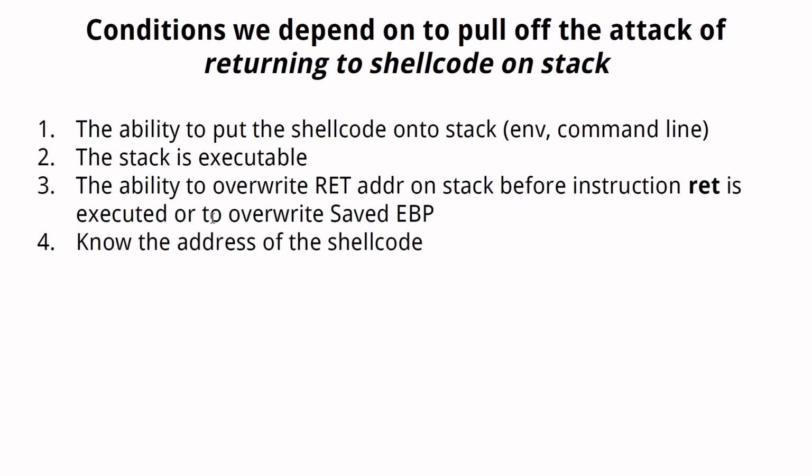So at this point, if we look at the conditions we depend on, I would say there are several conditions. The first one is the ability to put the shell code on stack. This seems easy. We can put it in environment variables, command line, we can put it in buffer. Okay. Then the stack should also be executable. We are putting shell code on stack.